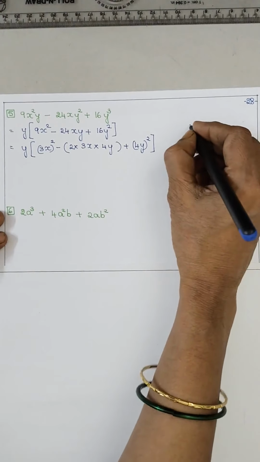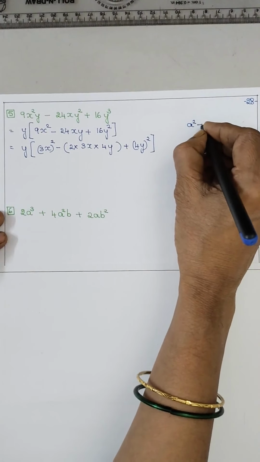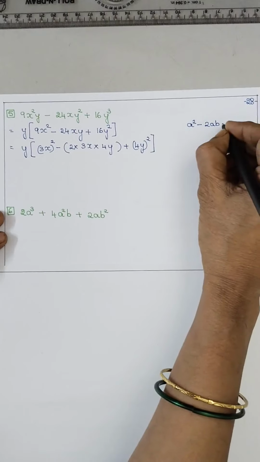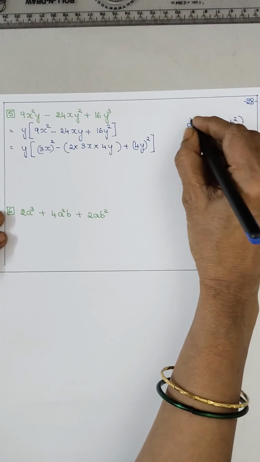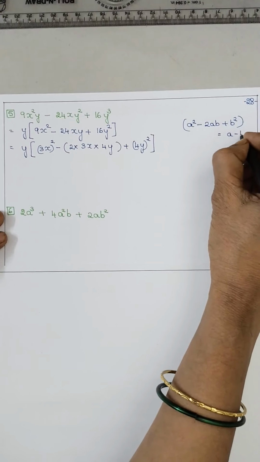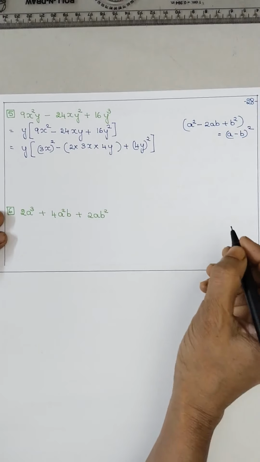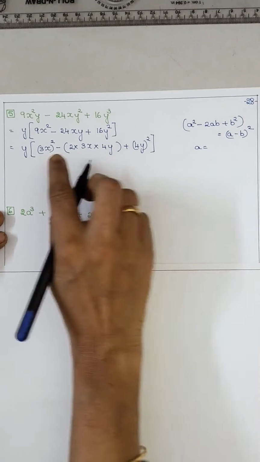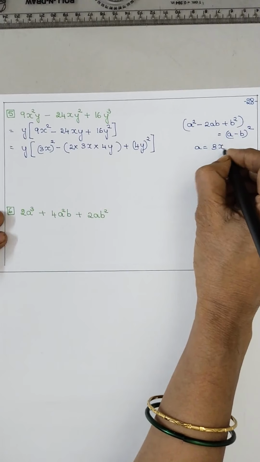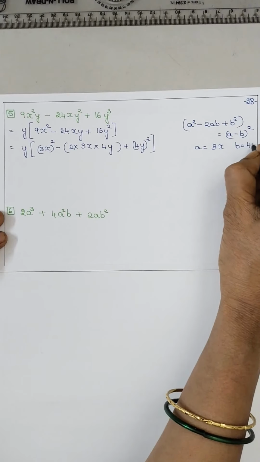Yes. That means a squared minus 2ab plus b squared is equal to (a minus b) the whole square. Now a is 3x and b is 4y.